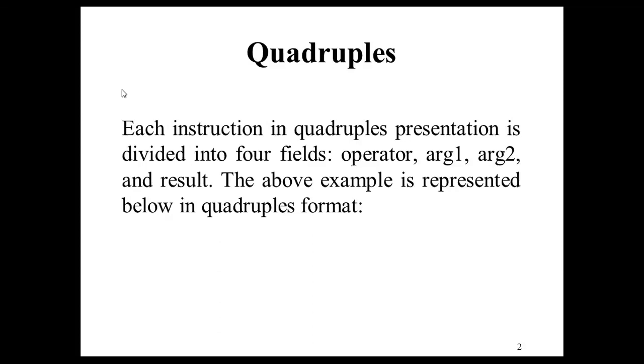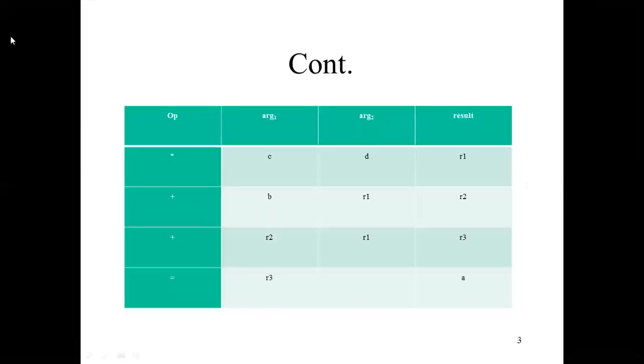Finally, we will assign the result into the result variable, the third variable. So the above example is represented below in quadruple form. Now let us consider an example, one of the examples we already discussed yesterday.